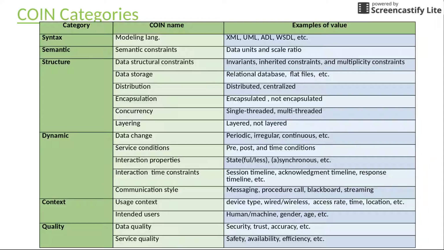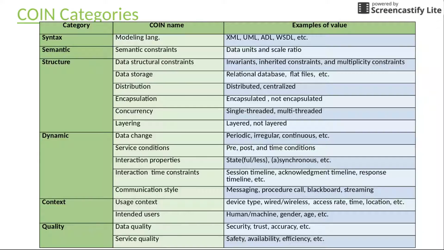This coin states constraints on the system's elements, their relations, and the way in which these constraints affect the interoperation results. Example, data structural constraints, data storage distribution, encapsulation, concurrency, and layering.